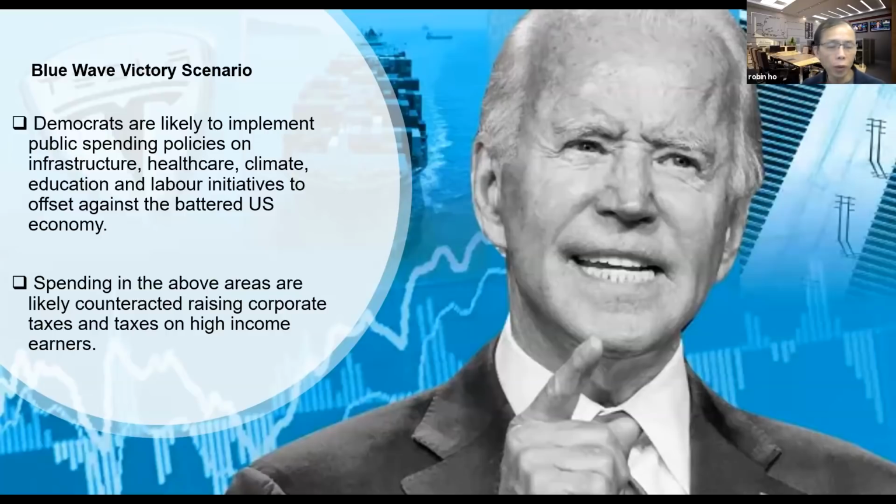Another Biden policy which the market, especially Wall Street, doesn't quite like is that Biden has proposed to roll back what Donald Trump has done. Donald Trump reduced corporate tax, and Biden now wants to roll back those corporate tax cuts. That would be bad for companies, and bad for rich individuals who earn $1 million and above per annum.